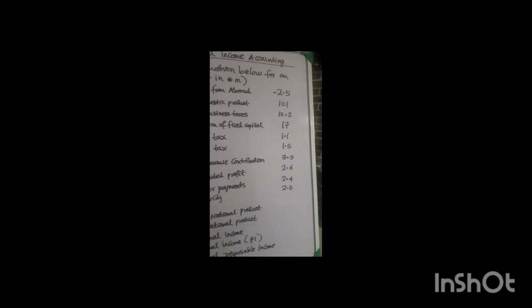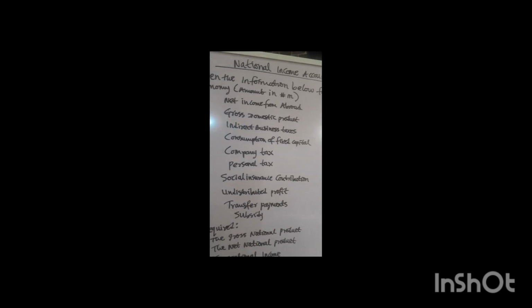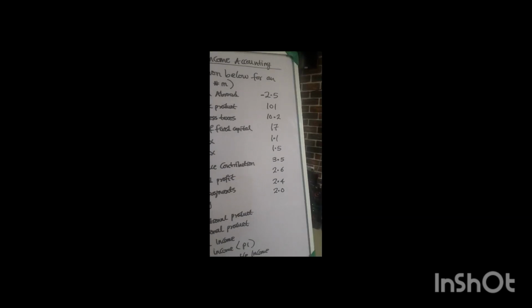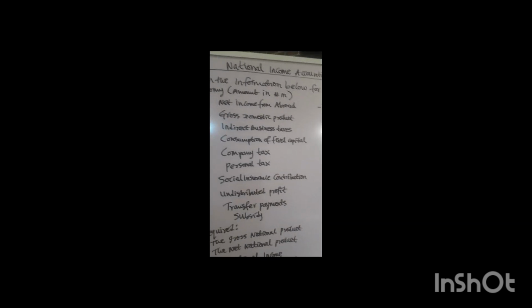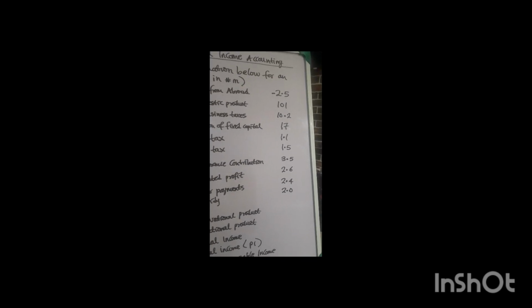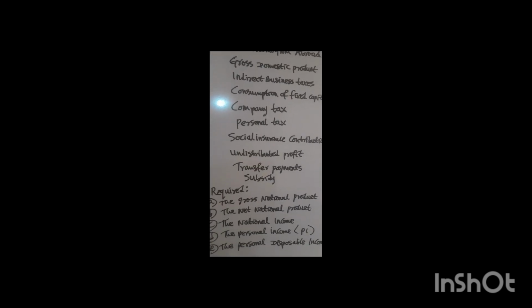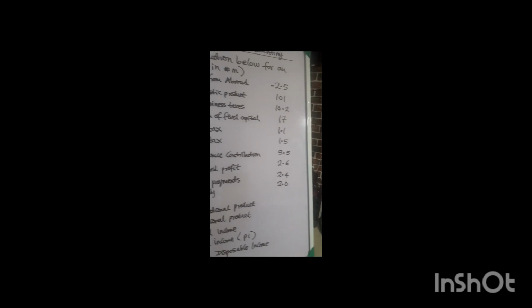Gross domestic product equals 101 million. Indirect taxes, or indirect business taxes, is given as 10.2. We have consumption of fixed capital given as 17 million. We have company tax given as 1.1 million.